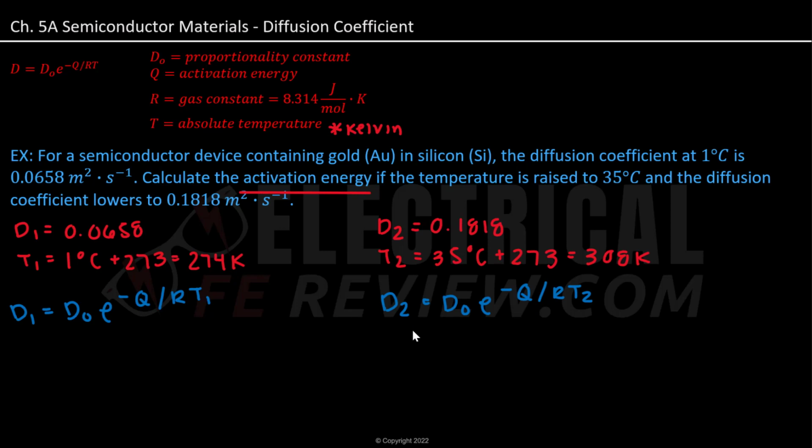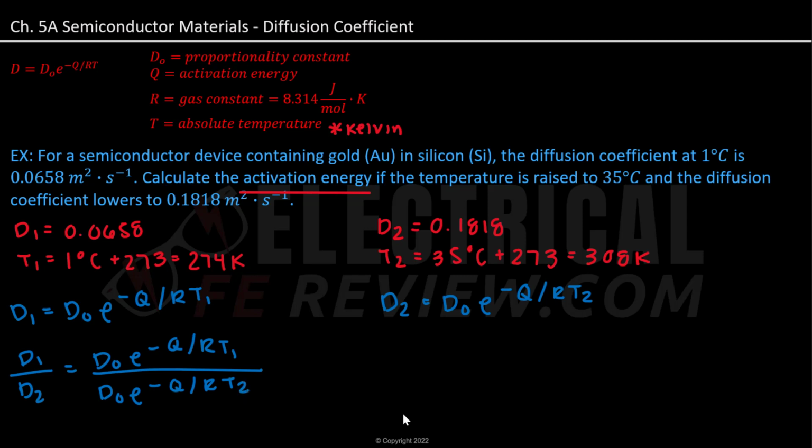We can do so by dividing. So we can write D1 divided by D2 is equal to D naught times e to the negative Q divided by R T1, and we can divide this by D naught e to the negative Q divided by R times T2.